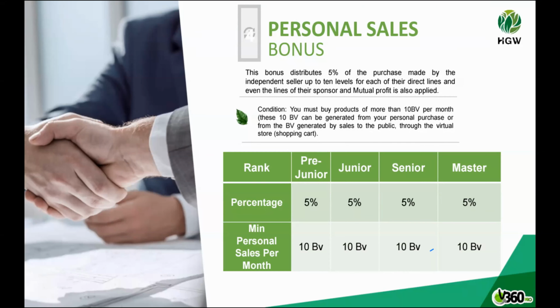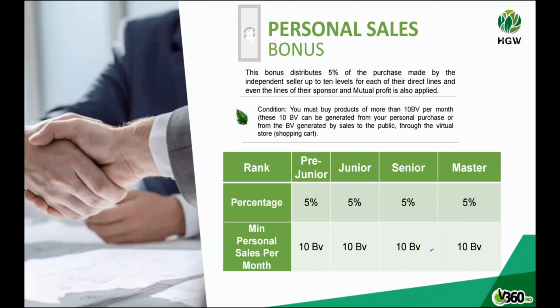These 10 BBs can be generated from your personal purchase or from the BBs generated by sales to the public in your shopping cart, in your mall, or from your virtual store or shopping cart.